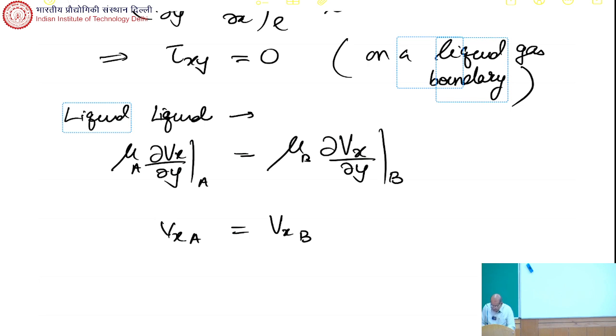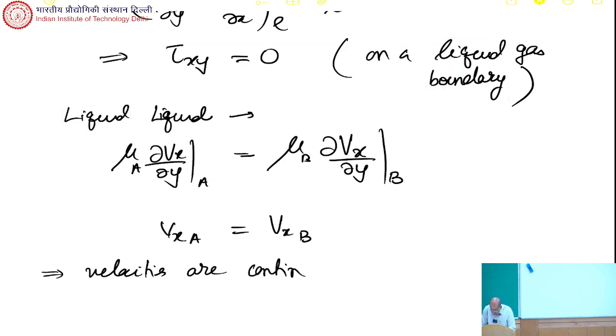So what this will imply is velocities are continuous.